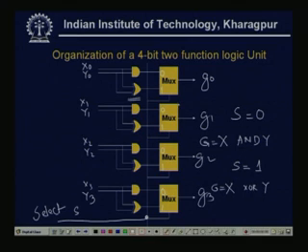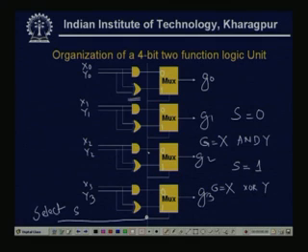So, we know that it is a 2 to 1 multiplexer, the select line is 1. Similarly, we have already read how a bigger multiplexer can be designed.